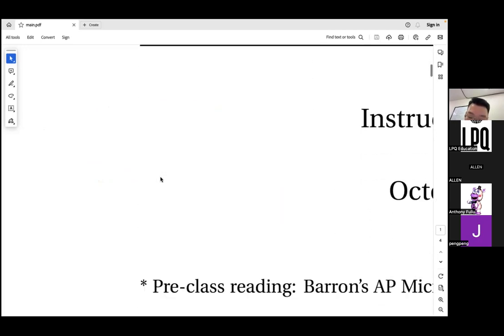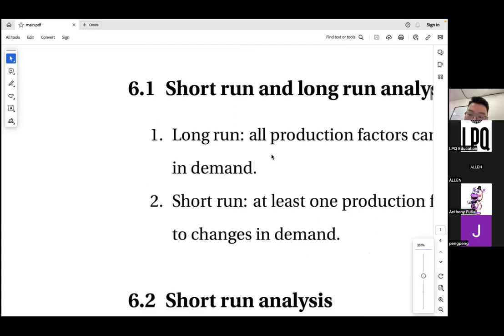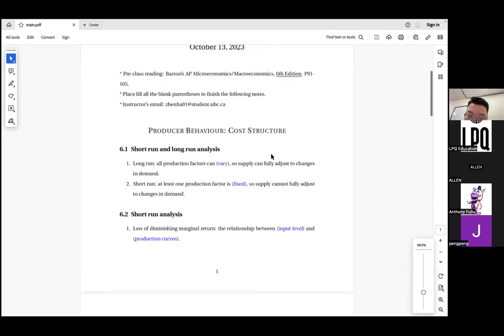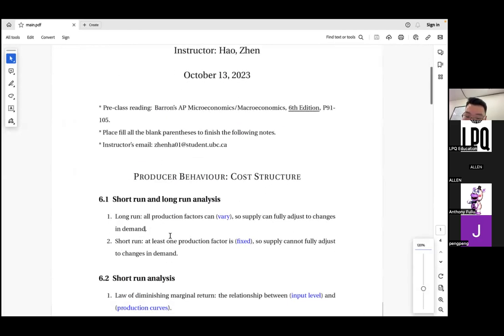To answer this question, the first step is to tell the difference between short run and long run analysis. So first remember this, in the field of economics, short run and long run.